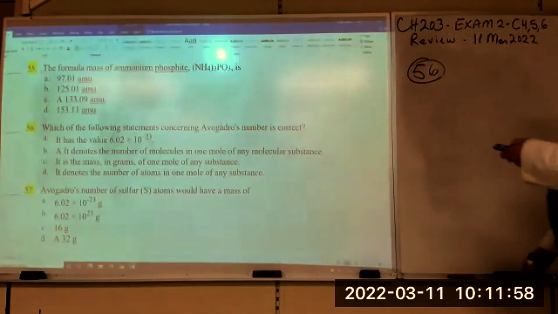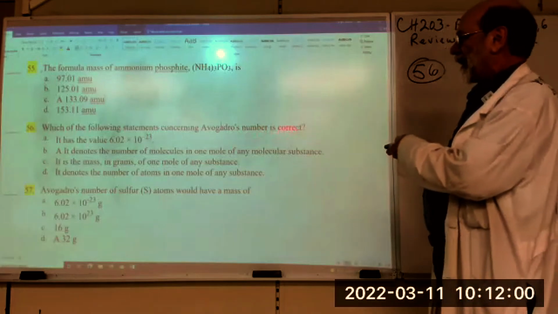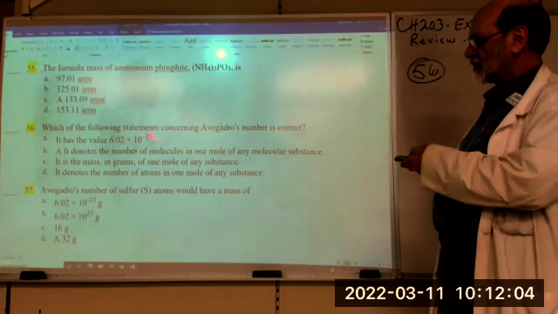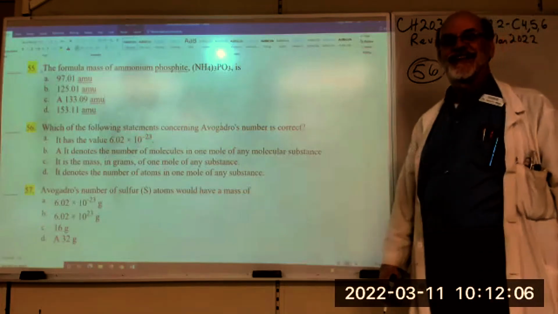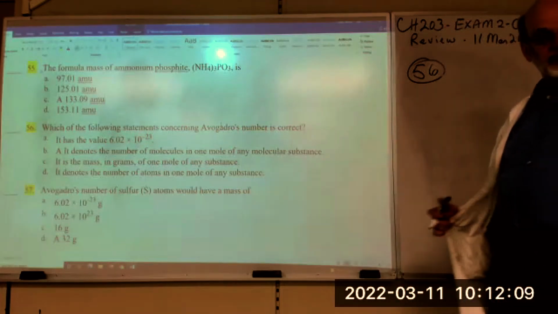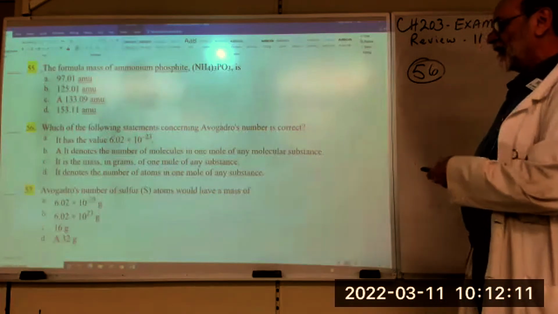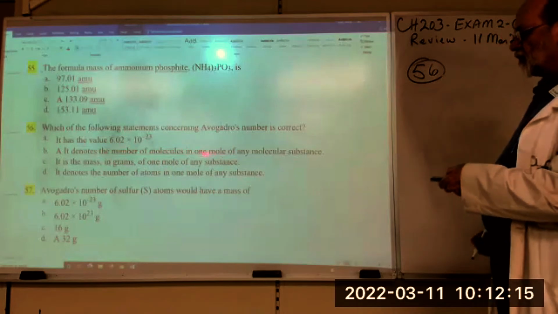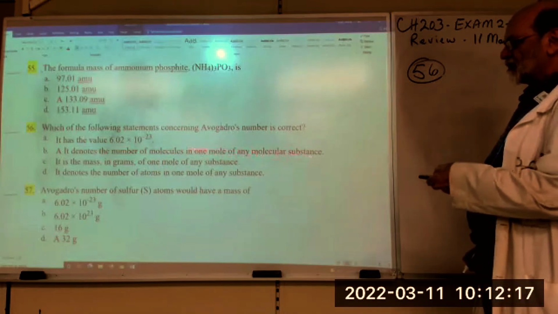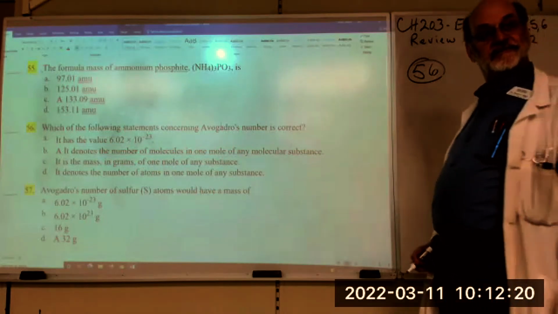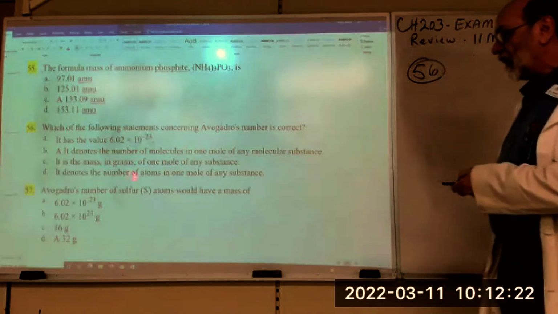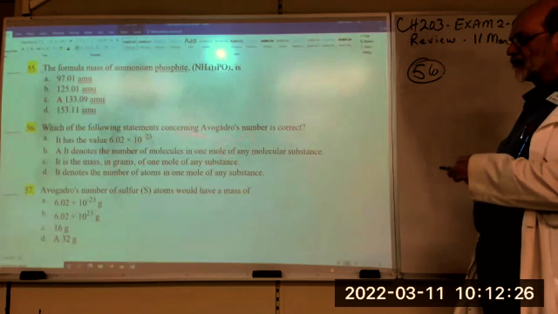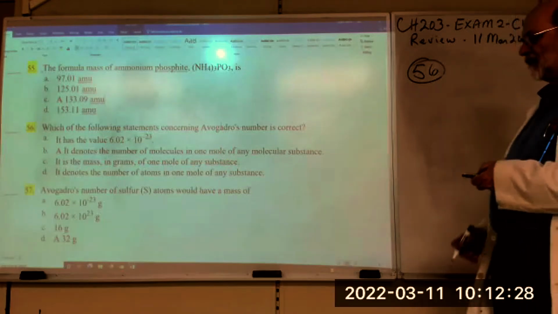All right. Which one is correct about Avogadro's number? 6.02 times 10 to the, oops, wrong sign. It's not minus 23, it's plus 23. Okay, it denotes the number of molecules in 1 mole of any molecular substance. Yep, that's true. It is the mass in grams of 1 mole. No, it's not mass, it's numbers of stuff.